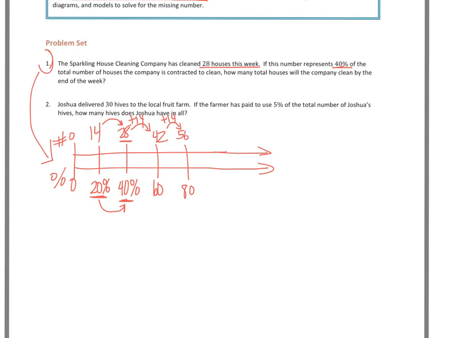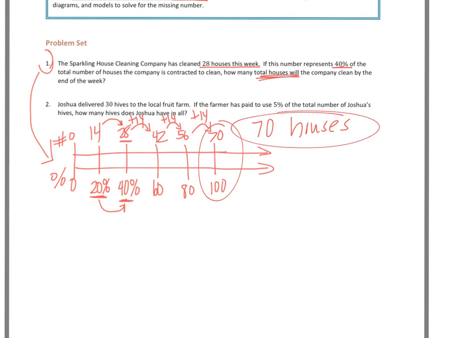And then I got to go up my last 20%, which will be my last 14, and that's going to be 70. And what that represents is how many total houses will the company clean? 70 houses.